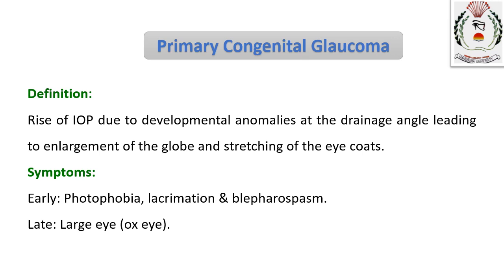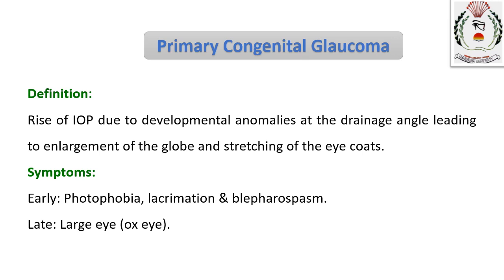There is defect in drainage of the aqueous fluid in the trabecular meshwork and the iridocorneal angle. So accumulation of the aqueous fluid inside the eye, and due to the laxity of tissues in the baby, elevation of intraocular pressure will cause enlargement of the globe and stretching of the eye coats.